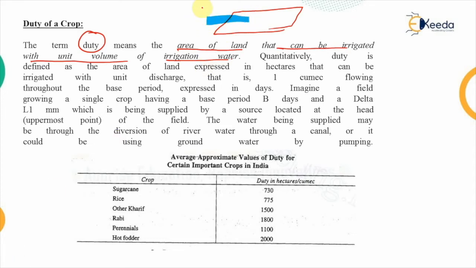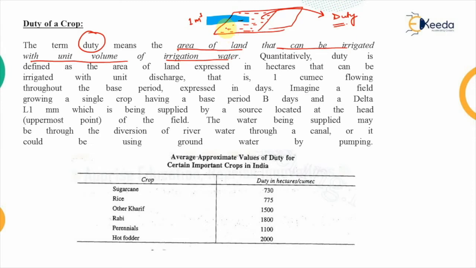Now let's say the volume of the water supplied is equal to 1 cubic meter, and under the influence of this volume, a certain area of the land will be irrigated, not the complete area. So this area which will be irrigated will be known as the duty of this particular crop.